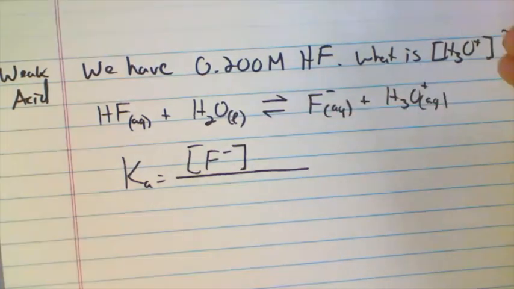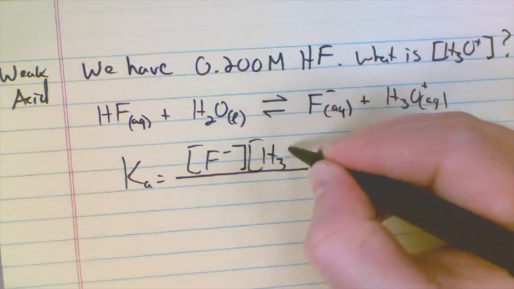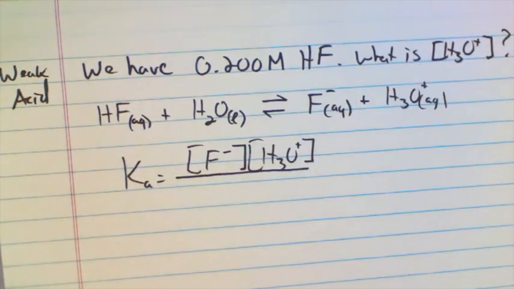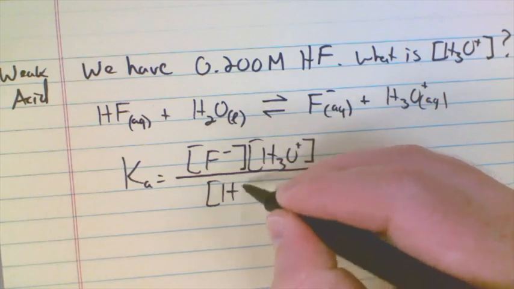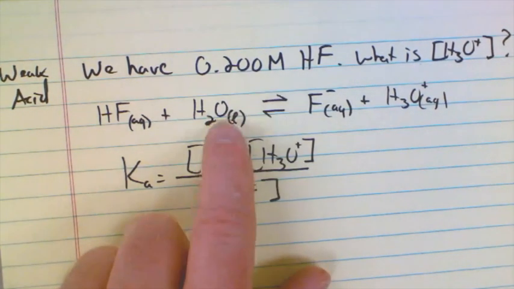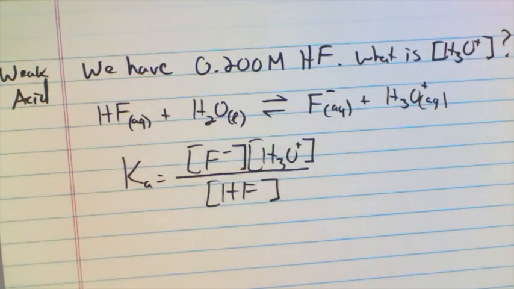Yeah, F and our H3O, that's multiplication there. And what goes on the bottom? Just HF, because water's in the liquid state, we only use the aqueous species.